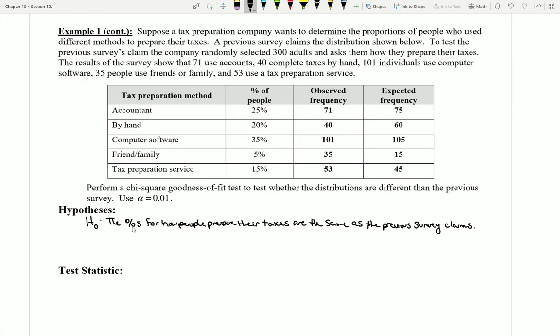That is, we're saying that the percentages for how people prepare their taxes are exactly these percentages.